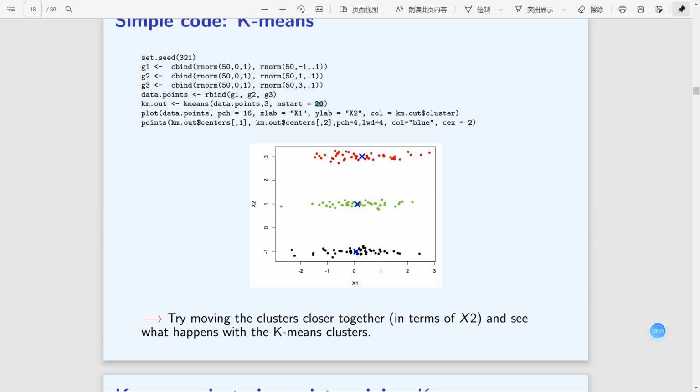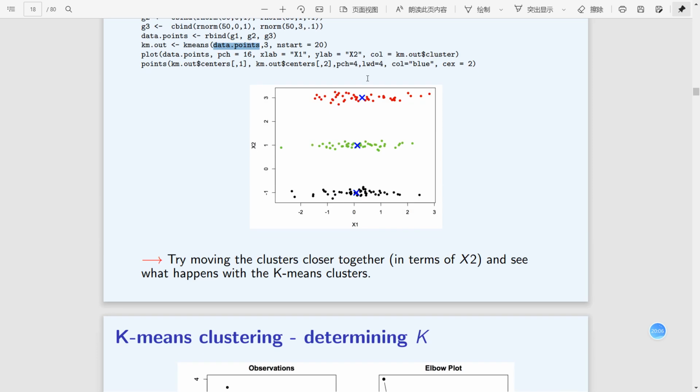Here we have k equal to 3. Okay, a data point is a data sample. Okay, we start with 20. And then here they are very nicely divided by nature.